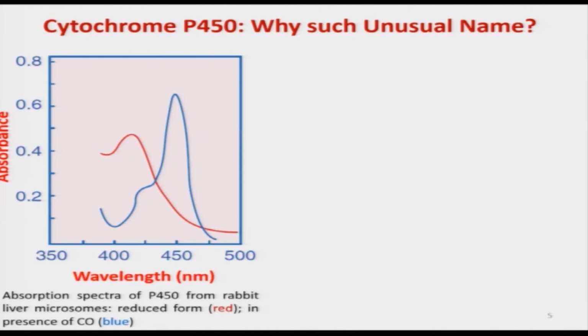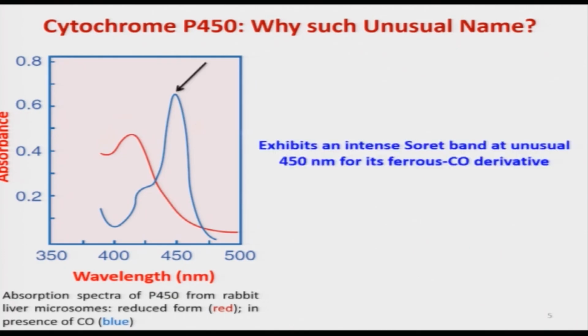Why do we call this enzyme cytochrome P450? This unusual name is given to it. The reason is that it exhibits an intense Soret band at an unusual 450 nanometer for its ferrous carbon monoxide derivative.